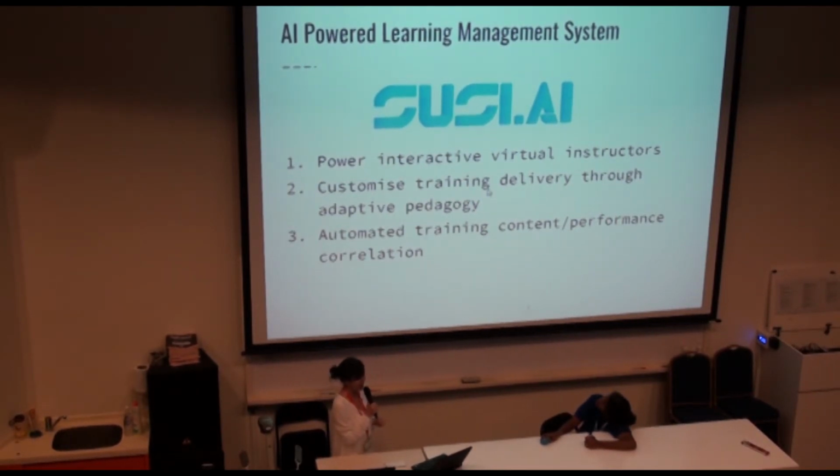And the second thing is customized training delivery through adaptive pedagogy. What do I mean by that? When you go into a classroom, if you are a teacher, there are about 100 students in your classroom. How can you make sure that all the students stay on the same page? And how can you make sure that everyone understands the lesson plan? By using Suzy, it actually works with students individually.